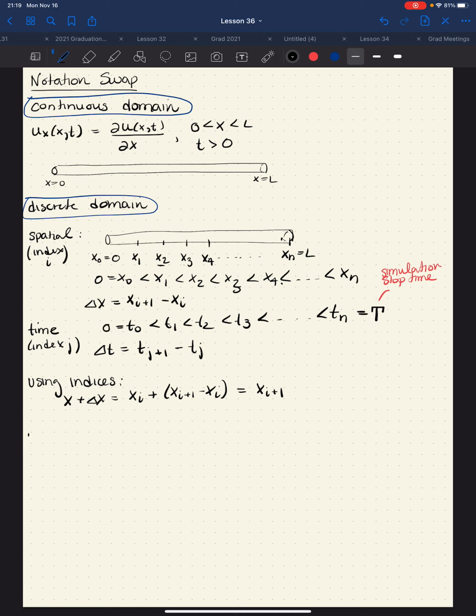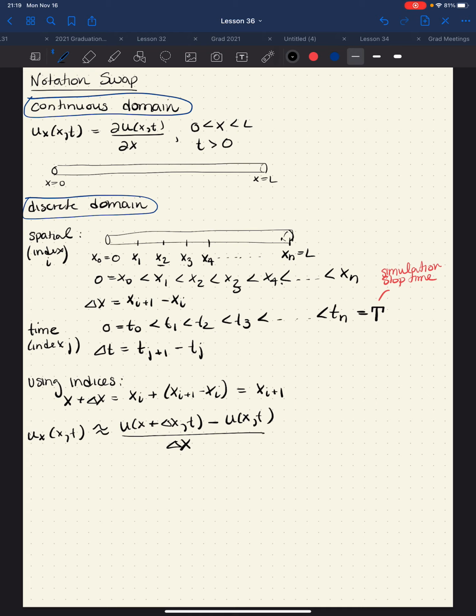Let me actually show you what we did earlier in the reading. I'll write it in the more familiar notation first, just so we can compare and contrast. u_x(x,t) is approximately equal to u(x plus delta x, t) minus u(x,t) divided by delta x.